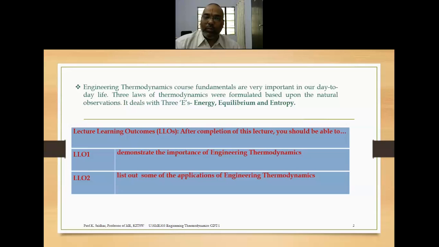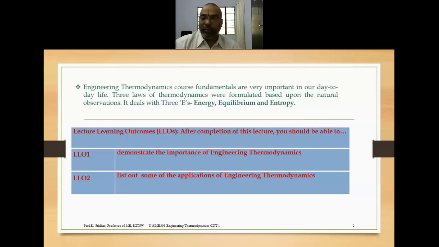Learning outcome number two is you should be able to list out some of the applications of engineering thermodynamics. At the beginning of each and every course or class, we should state the learning objectives and the learning outcomes of the day's class.